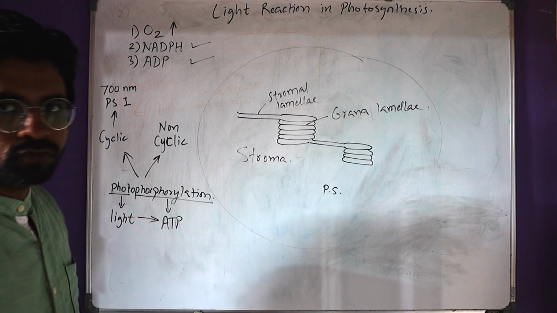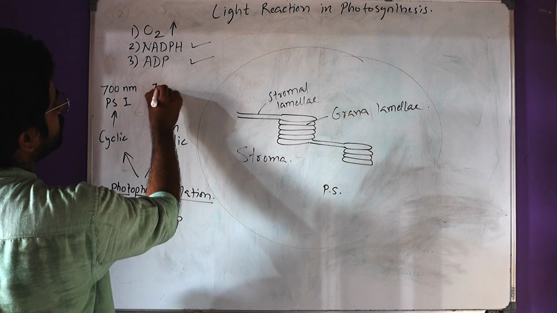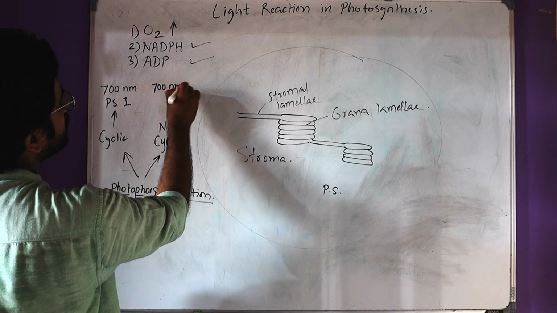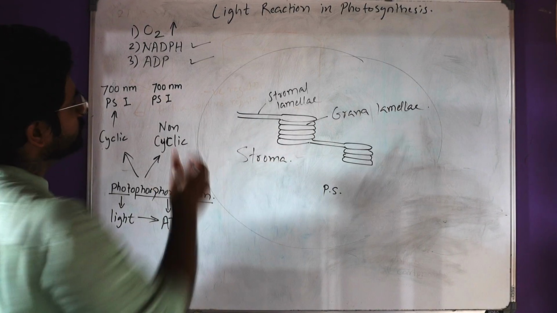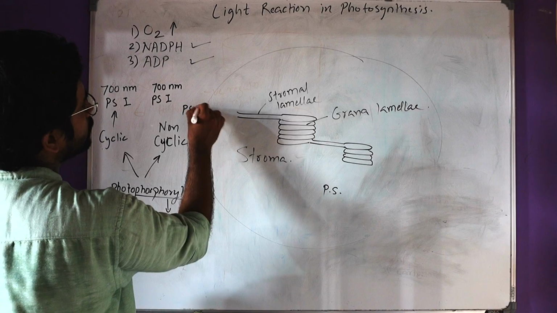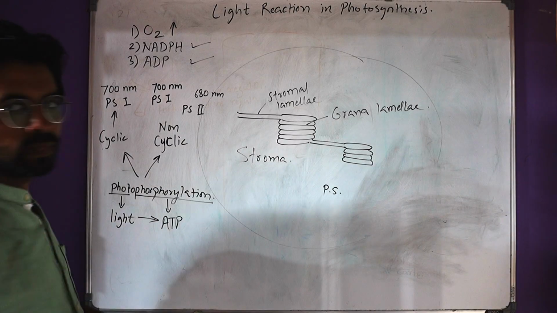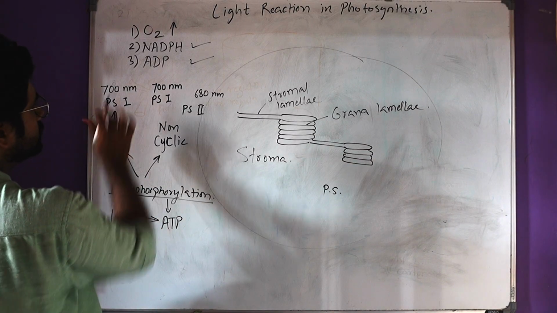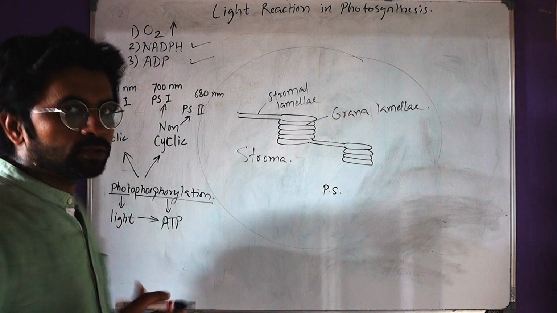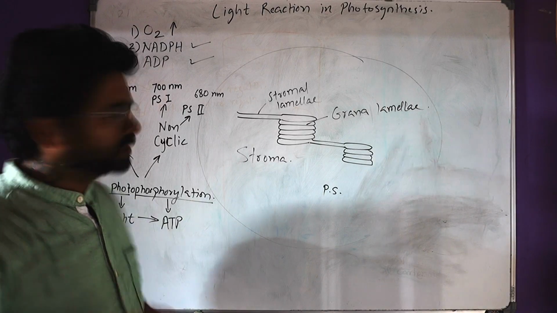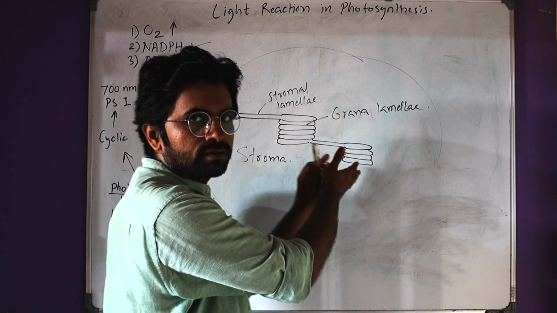But in non-cyclic photophosphorylation there are two photosystems involved. The first one is 700 nanometer, that is photosystem 1, and another one is photosystem 2 which absorbs the light of 680 nanometer. Okay, so in cyclic only 700, in non-cyclic 700 and 680 both. Now we will see which photosystem is present where.